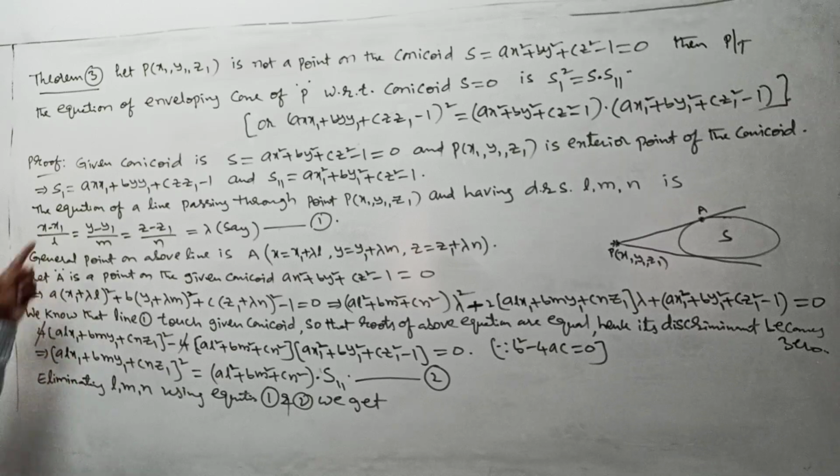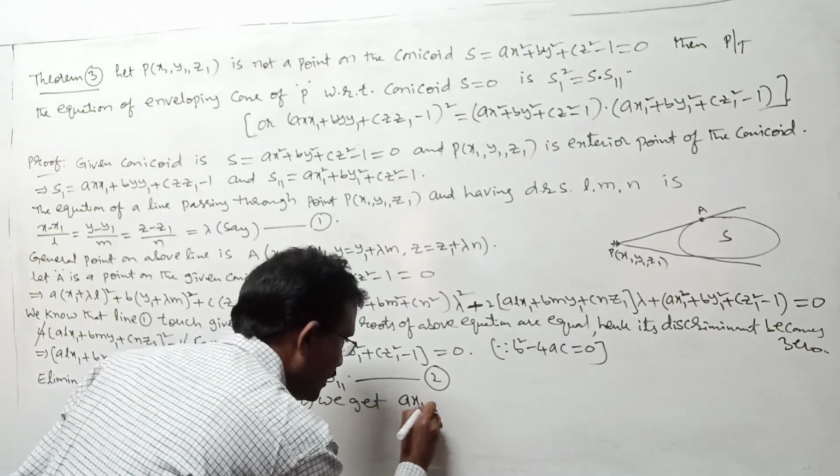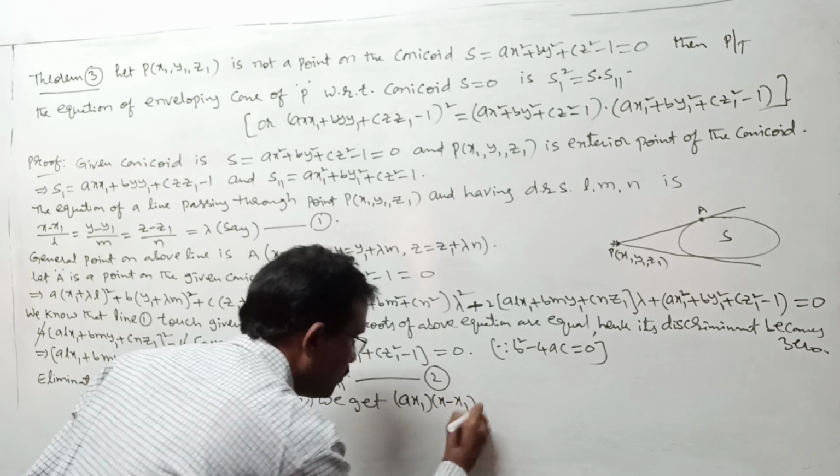What is that elimination work first of all? Ax1 into L is Ax1 into x minus x1. Any problem is there?